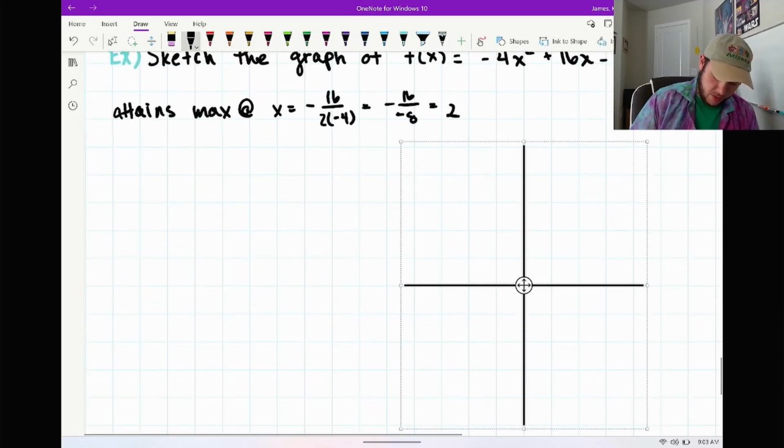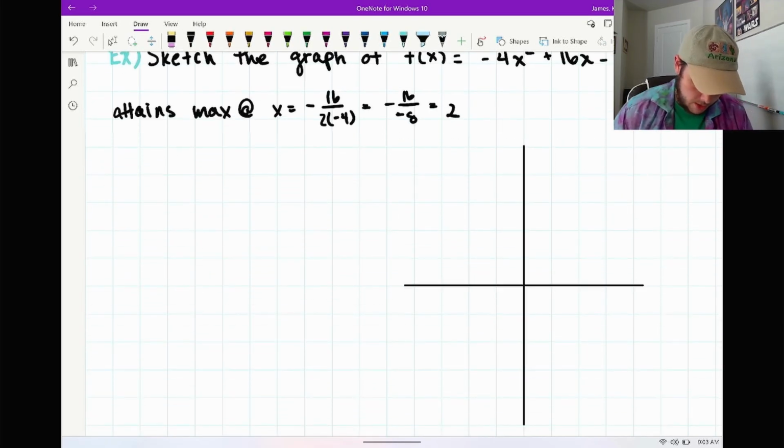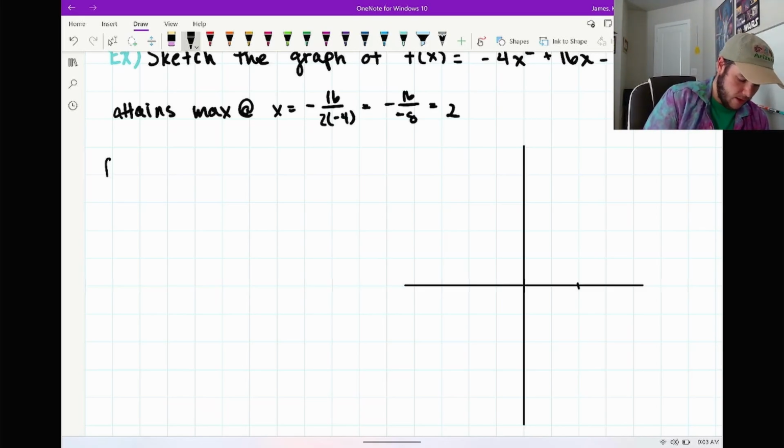I'll make this a little bit bigger. So, my maximum occurs here, but I don't know what the y value is. Let's find it. So, f of 2 is negative 4 times 2 squared plus 16 times 2 minus 13.